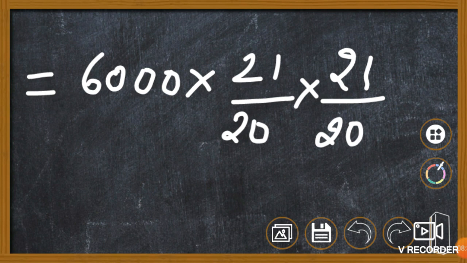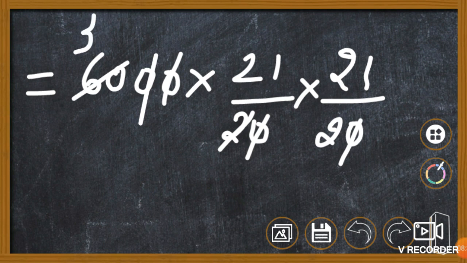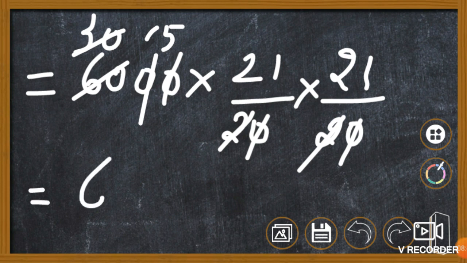Do the necessary calculation. 0, 0 cancelled. 0, 0 cancelled. 2 ones are 2, 30s are. 2 ones are 2, 15s are. So the product of 15 into 21 into 21 is 6615. This is the amount.